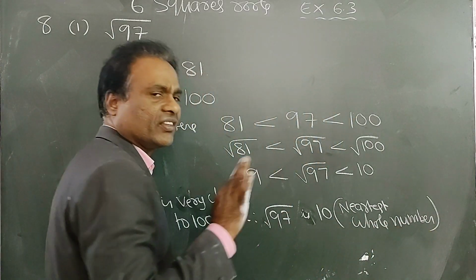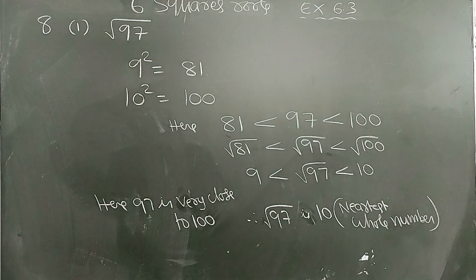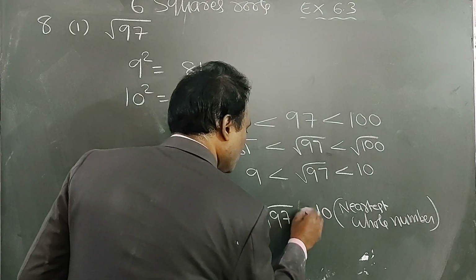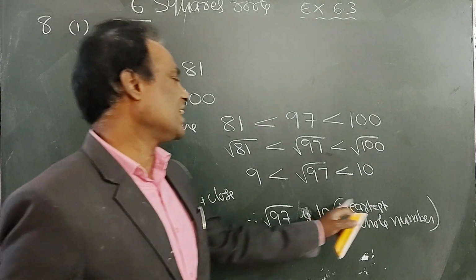Exact answer is not asked. Only near to 9 or near to 10 or near to 11, that is asked. So root 97 is approximately 10.